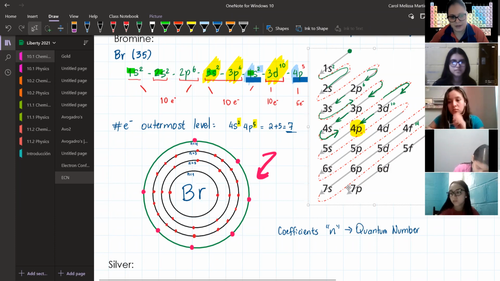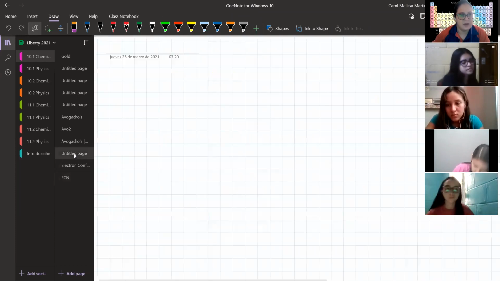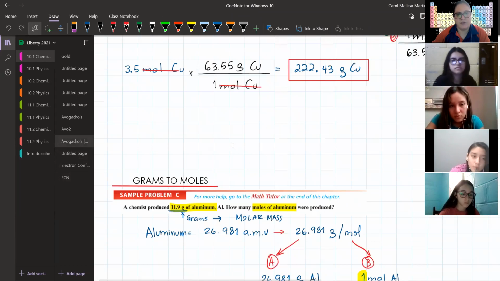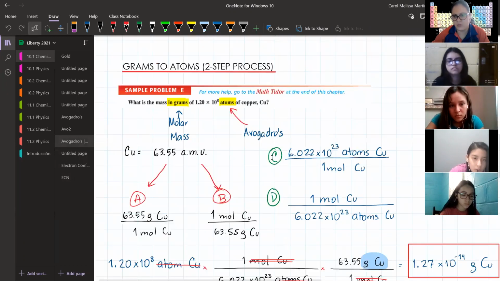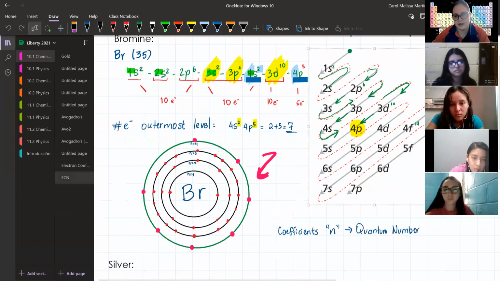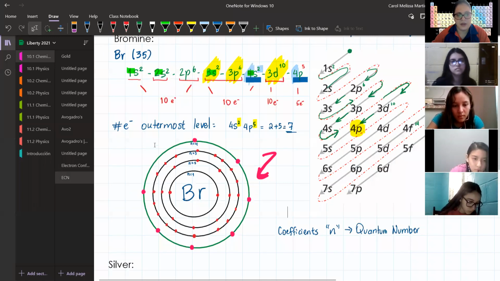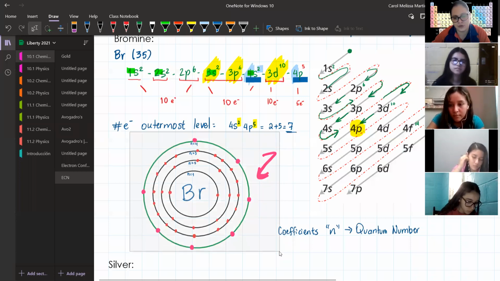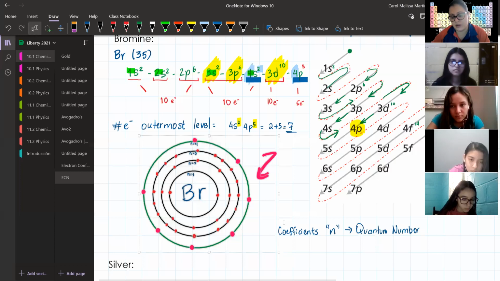Now, what's coming in the quiz? It's coming all the Avogadro's conversions, all these conversions, plus the electron configuration. Now, in the quiz, I am not going to ask you to do this, but you're going to do it in the homework. Why not in the quiz? Because of the time.